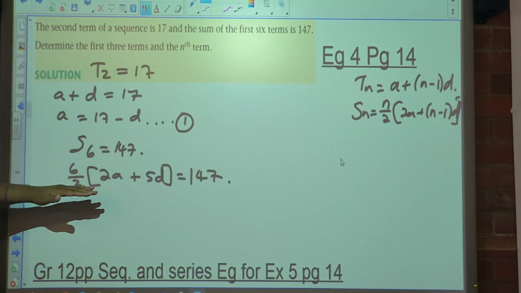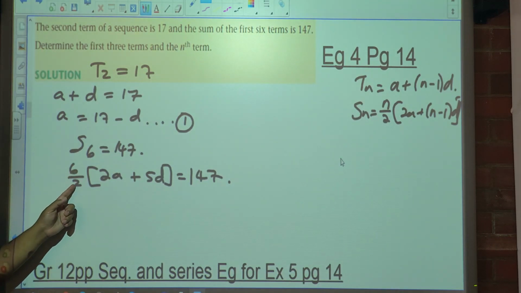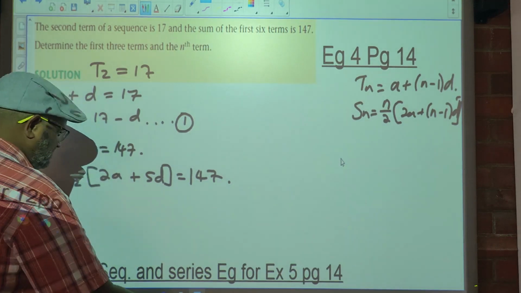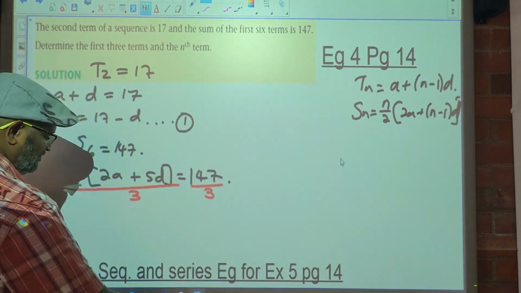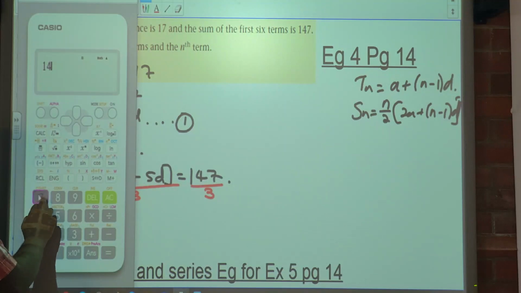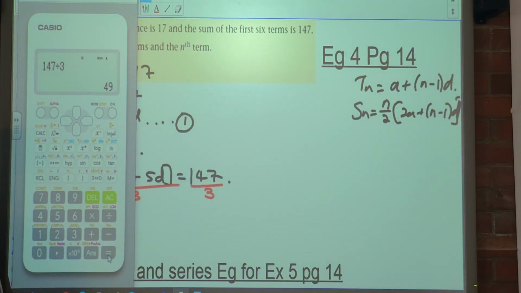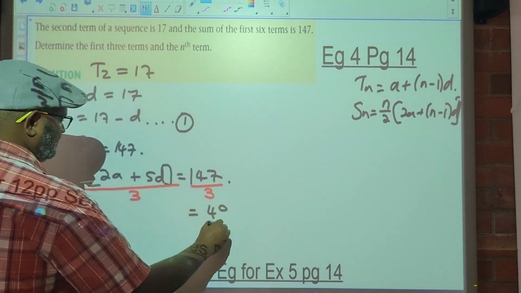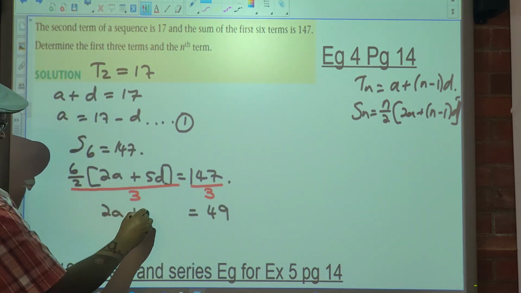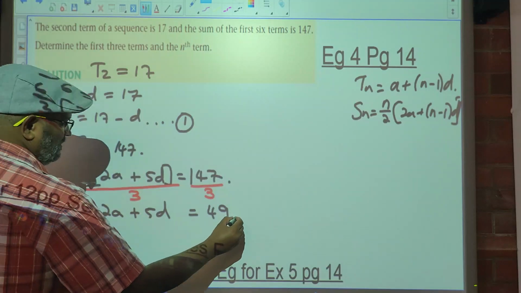So I'm going to simplify this a bit before I call it equation 2. What's 6 divided by 2? 3. Right, you guys are showing some promise. So 147 divided by 3 is 49. So 2a plus 5d is 49. This is equation 2.